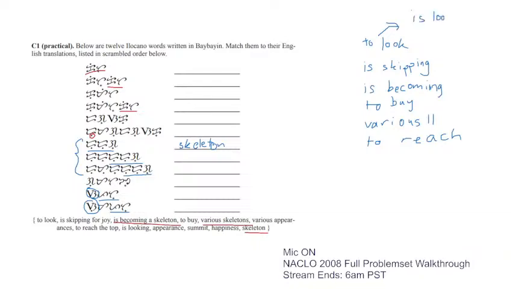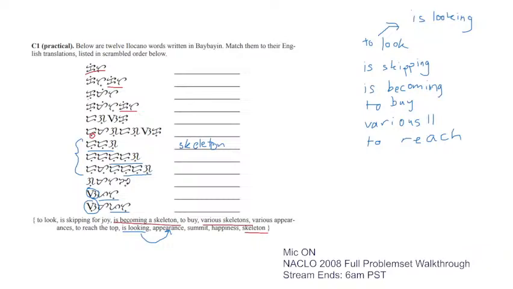Likely is looking. Honestly, these dots might be conjugations of the verbs if we think about it. Honestly, is looking could have a relation to appearance.